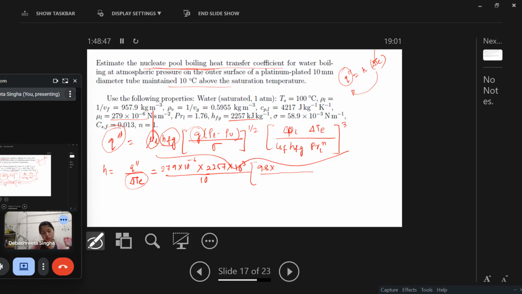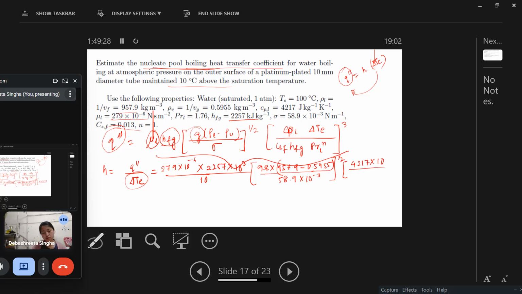Then g is 9.8 into rho L. Rho L is 957.9 minus rho V, which is 0.5955, divided by surface tension, 58.9 into 10 to the power minus 3, whole to the power half, into CPL, 4217, into delta T, which is 10.